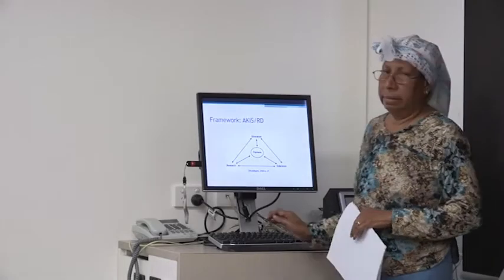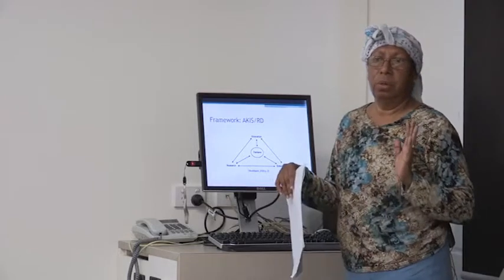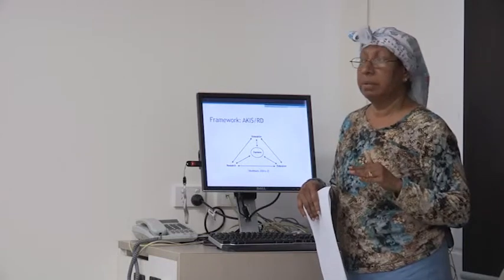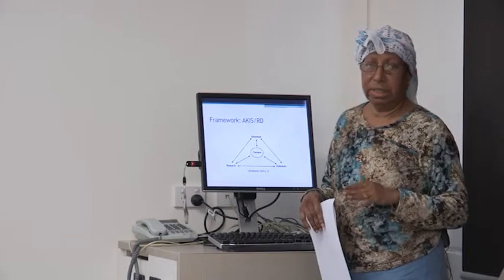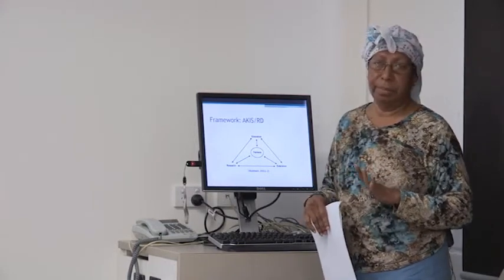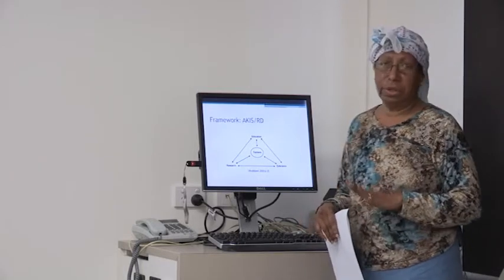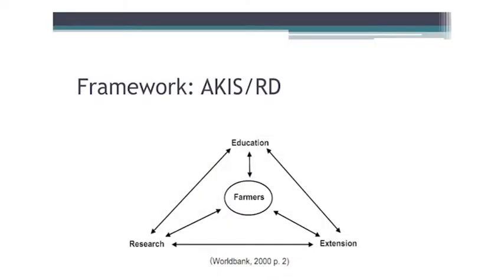I'll start by just looking at the overview of what window I'm using to look at participatory video, because I'm looking at agricultural indigenous knowledge. So the framework under which this participatory video is used would be to do with agricultural knowledge and information systems for rural development.